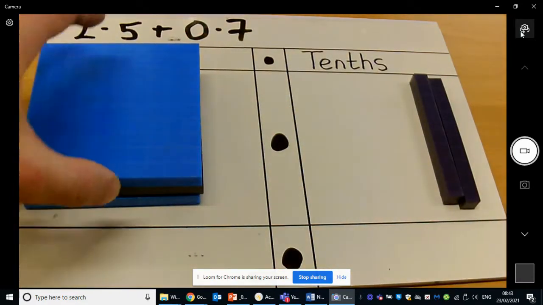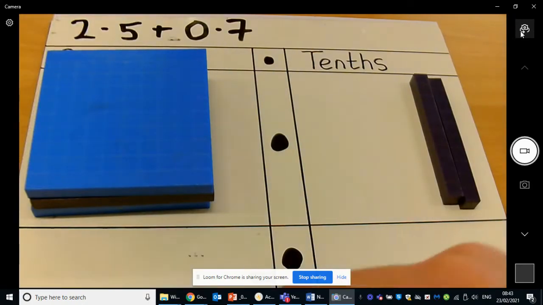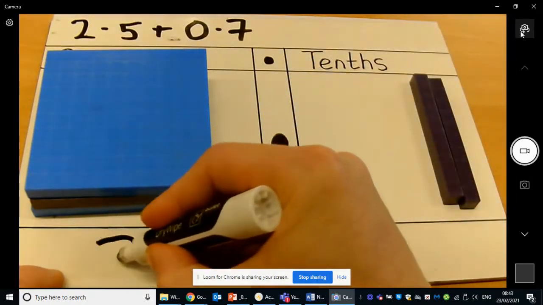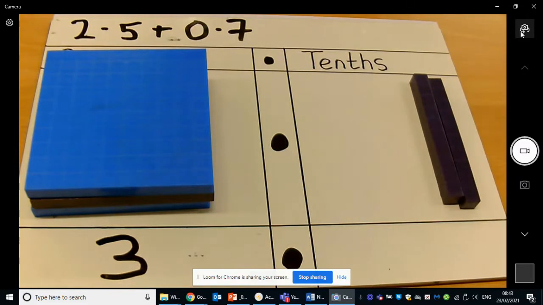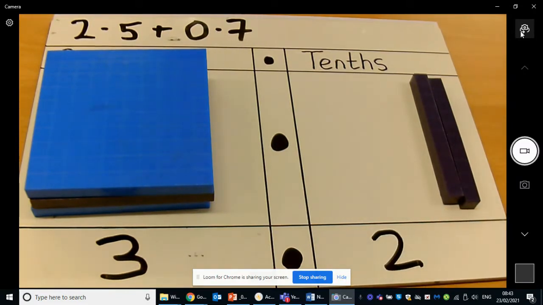So therefore we have 1, 2, 3 wholes, 3 ones, sorry. How many tenths do we have? 2. So 2.5 plus 0.7 equals 3.2.